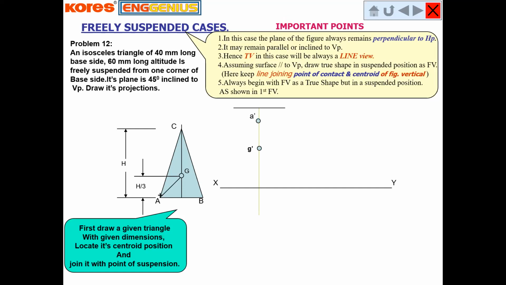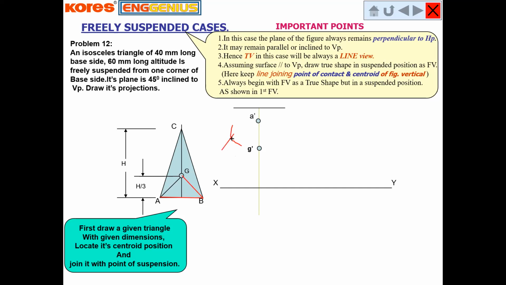First measure the distance A to B, and by keeping point A as a center, mark the arc somewhere here. Then measure the distance B to G on the compass, and by keeping point G as a center, mark the arc over here.